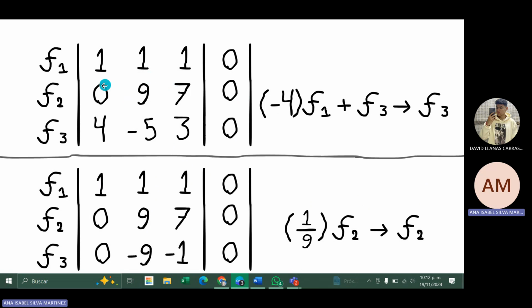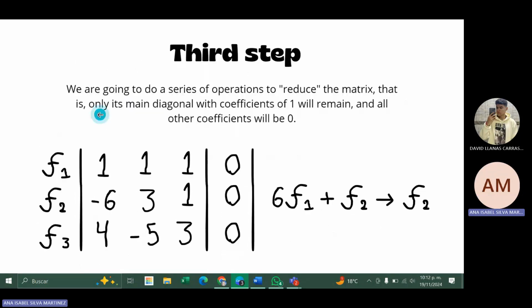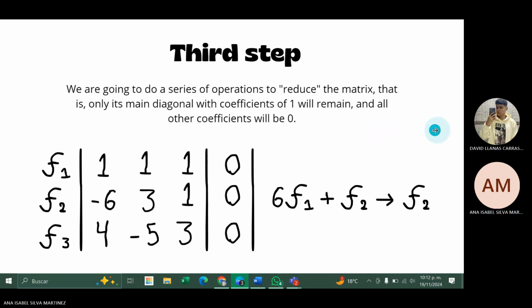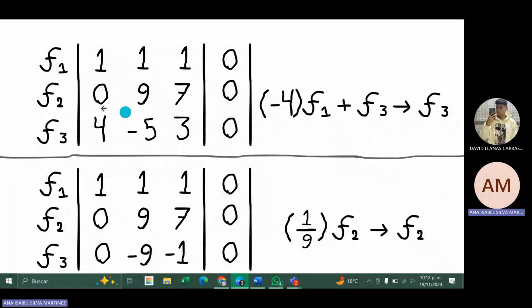And it's the same. But the result here needs to be 0. And here it needs to be 0, too. Sorry. It needs to be 0 here, too, and here.